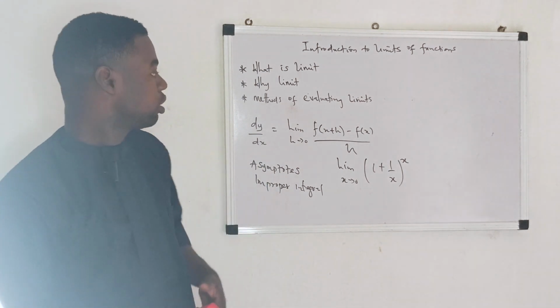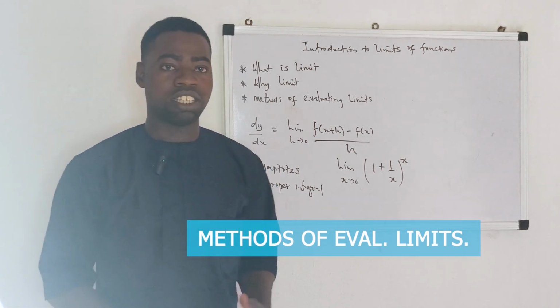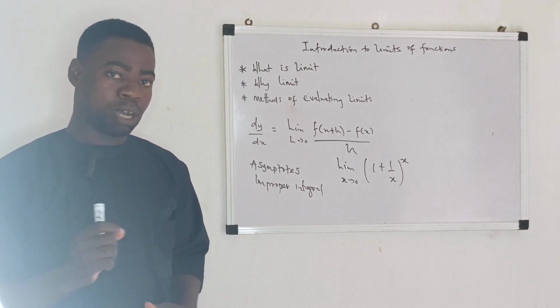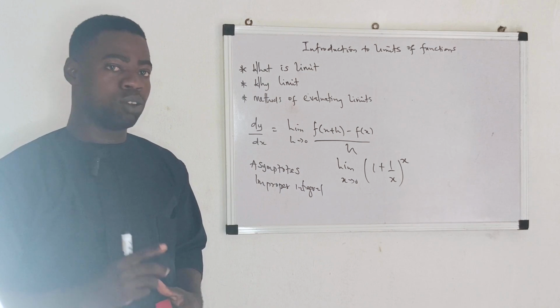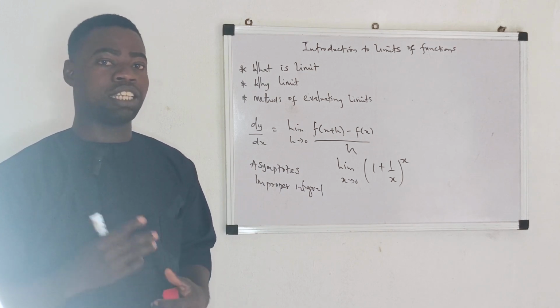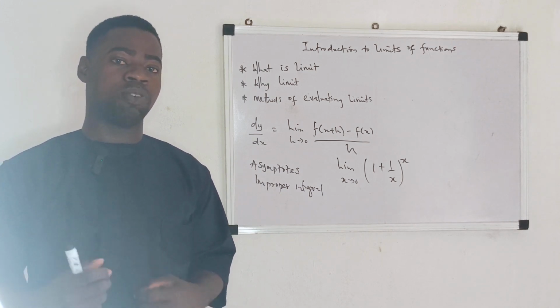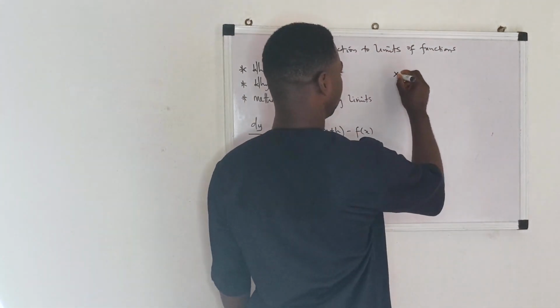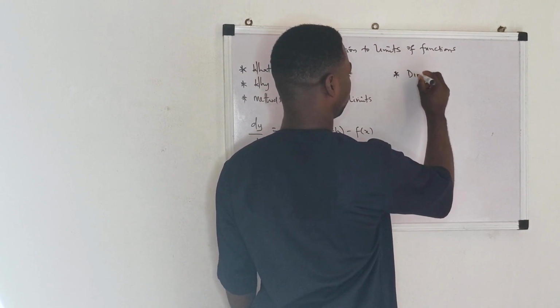Then the last point, which is methods of evaluating limits. There are many methods of evaluating limits, all of which I'm going to list for us today. We'll talk about them a little, and then in our next class, we'll see how we actually evaluate limits. So one of the methods we use to evaluate limits is by direct substitution.